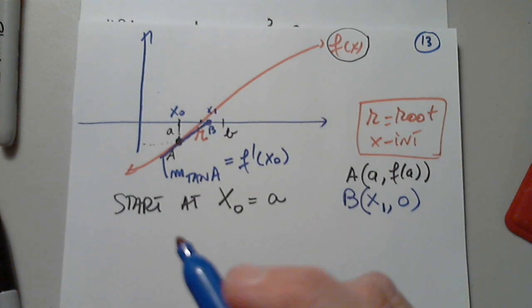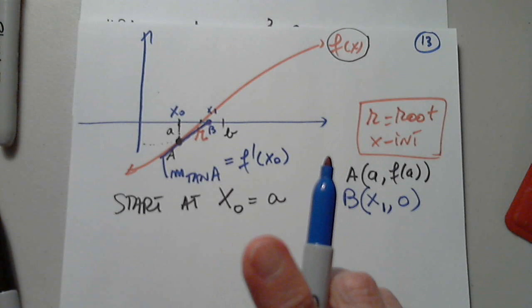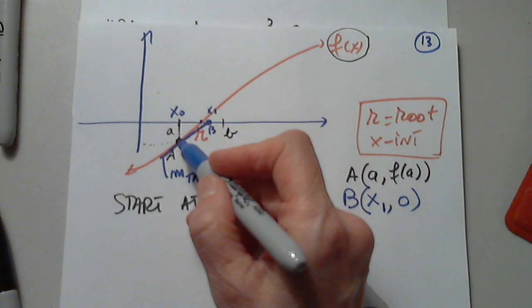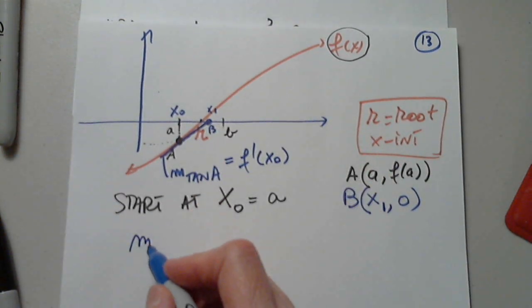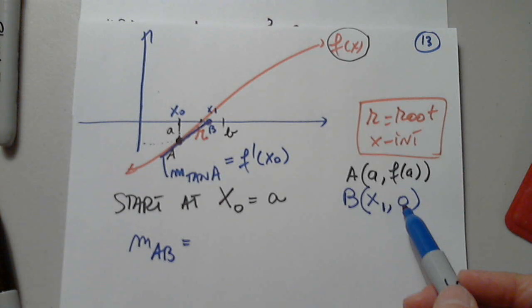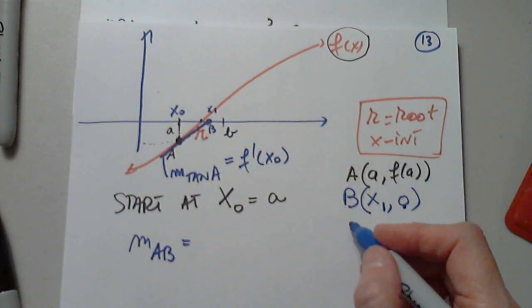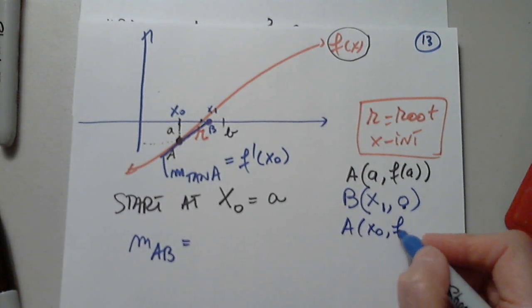So now, we know that the slope is f prime of x0, but also we have 2 points. So the slope of AB is y2 minus y1, but let me write A also as x0 comma f of x0.